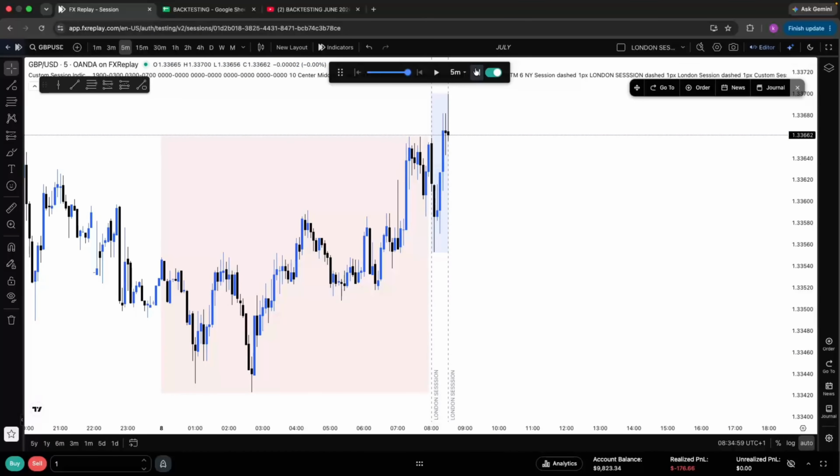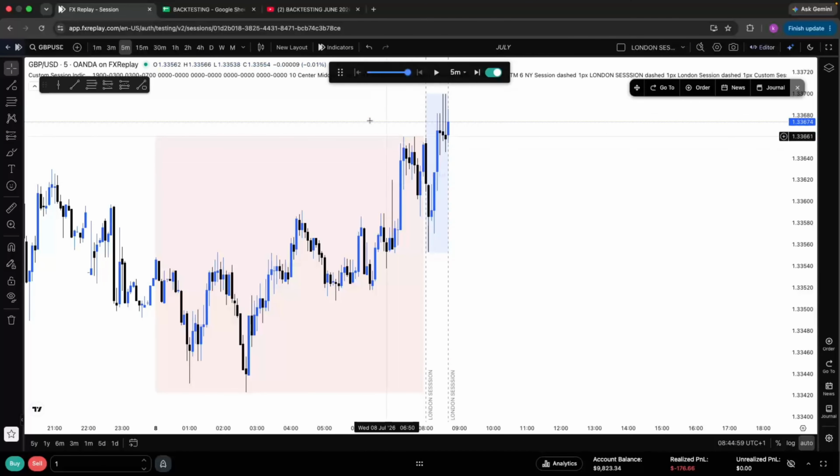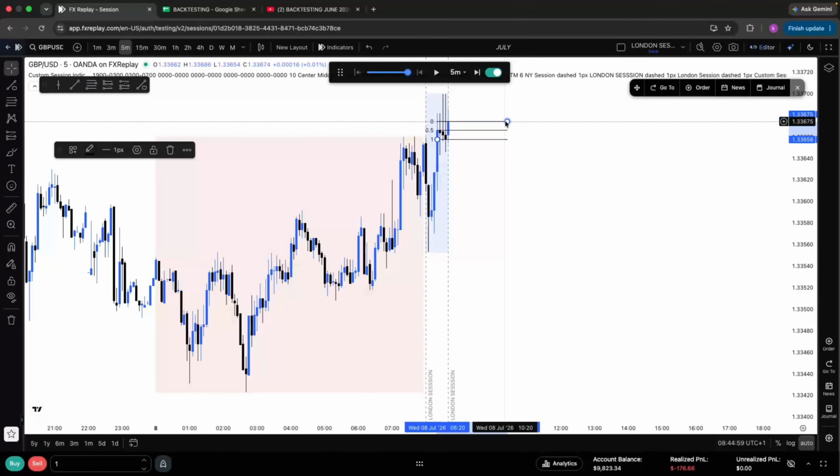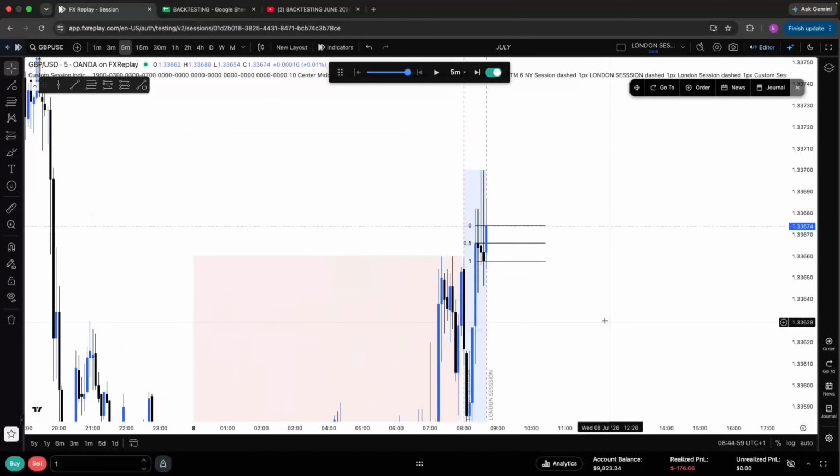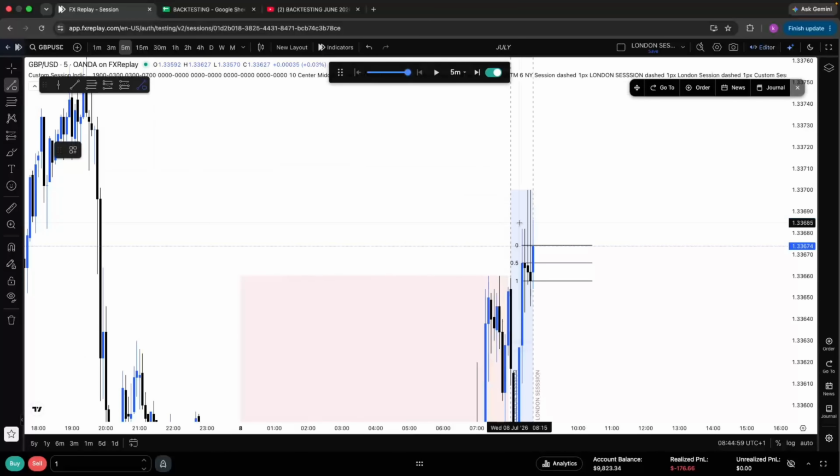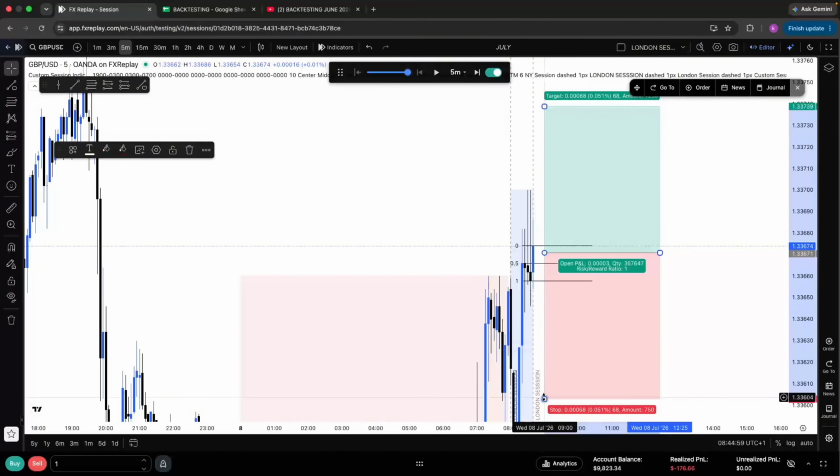Break of structure to the upside. Break of structure to the upside again. Mark this like this.